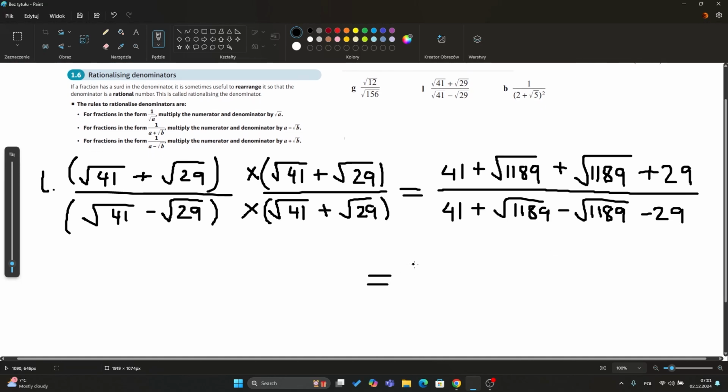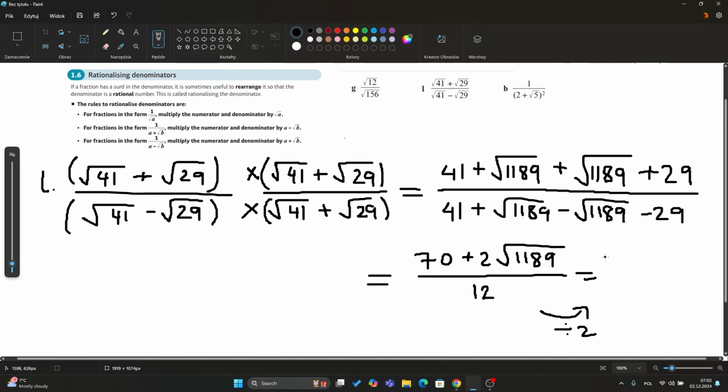So the top would be 41 plus 29, which is 70, plus 2 square root of 1189, and the bottom would be 41 minus 29, which is 12. Now dividing the bottom and the top by 2 gives us 35 plus square root of 1189 over 6.